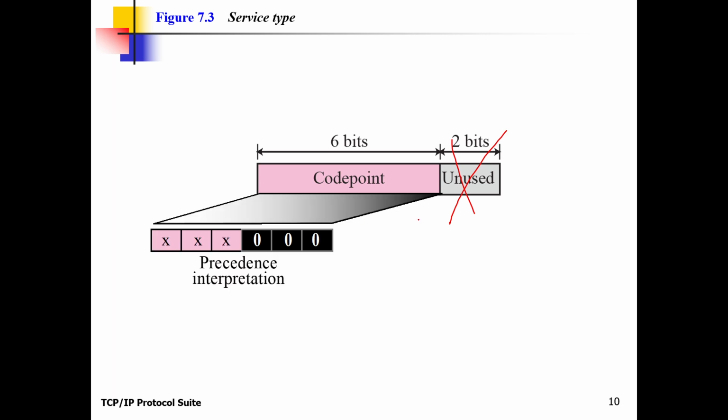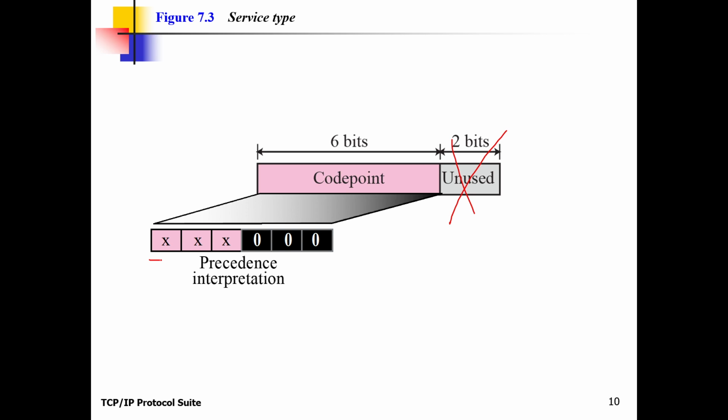In here, if the 3 right bits are 0, 0, 0, then this will tell you the precedence interpretation. So when the 3 rightmost bits are zeros, the 3 left bits are interpreted the same as the precedence bits in the service type.